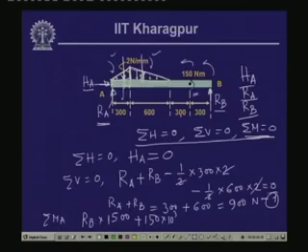So, the distance from A is 2/3 of 300. So, this is minus 300 times 2/3 of 300. That is the contribution of the moment from this part.